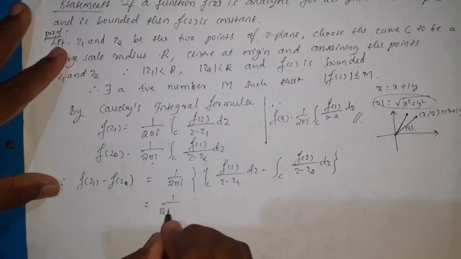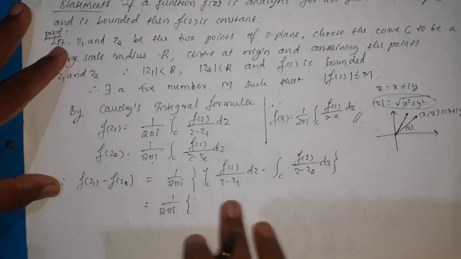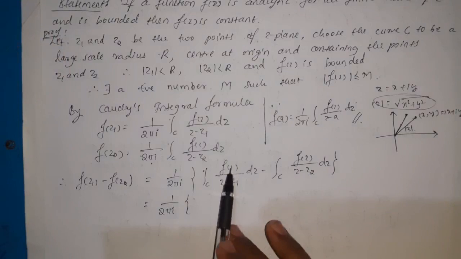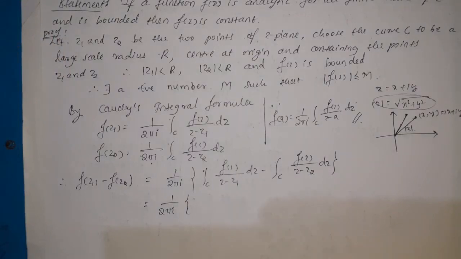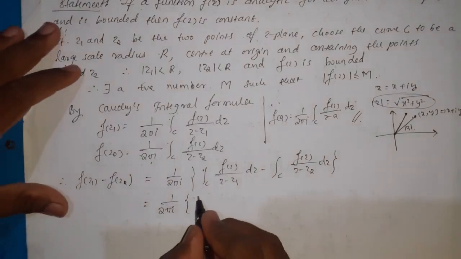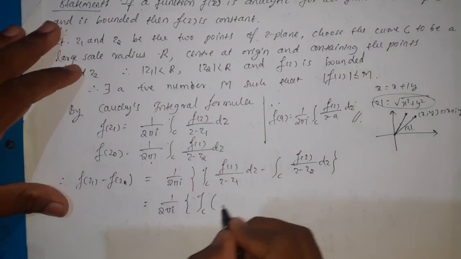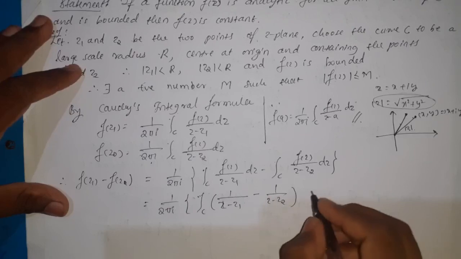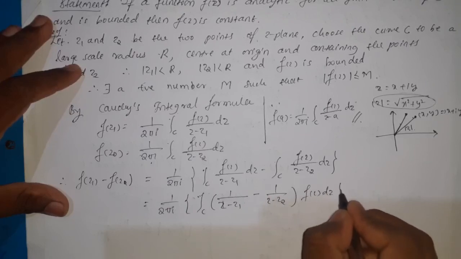Then we can take f of z dz and the integral sign common, because both functions are integrated over the same curve C with the same variable of integration. So we can write this as 1 by 2 pi i integration over C of 1 divided by z minus z1 minus 1 divided by z minus z2, into f of z dz.